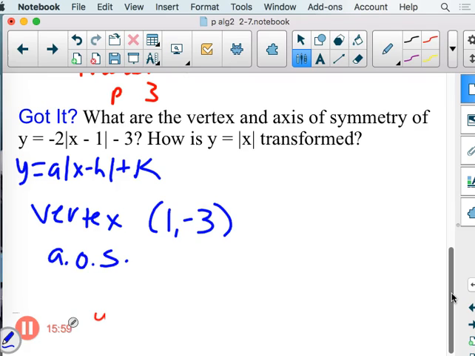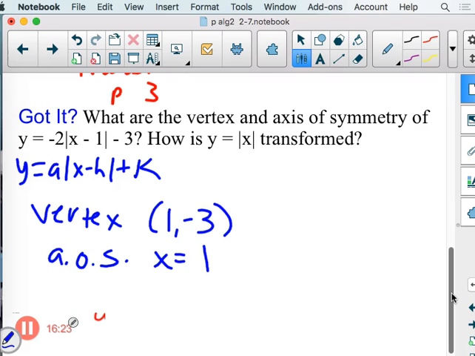I'm going to put A.O.S. Always vertical. So what does that mean? It has to be X equals. That's vertical lines. Vertical lines all karate chop the X axis. X equals what? Just look up here. It's a 1.